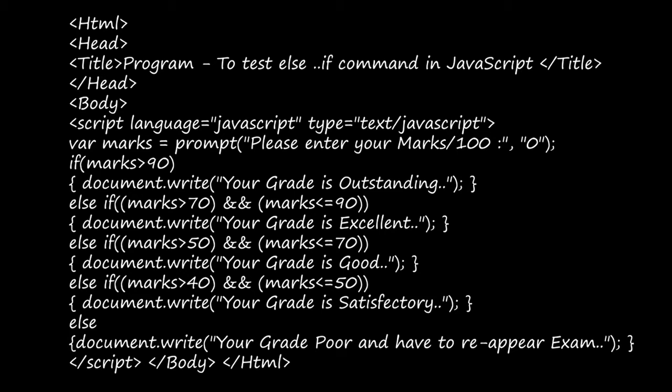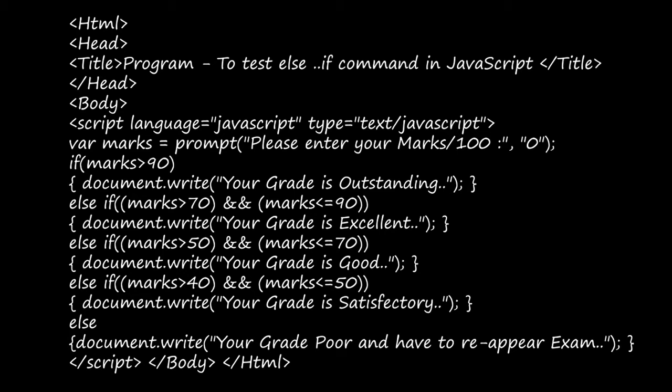Since we have used the prompt keyword, a pop-up box will be displayed with "please enter your marks for 100". Whatever you enter in that box will be saved in marks.